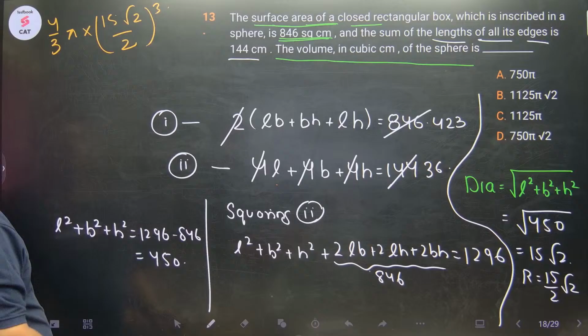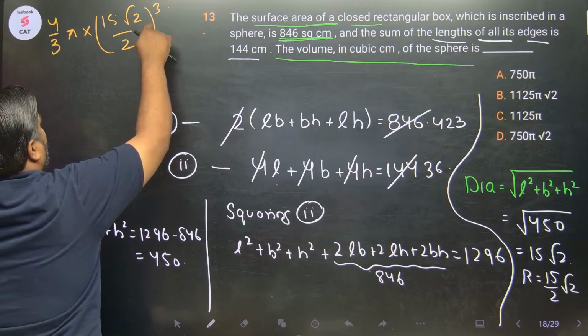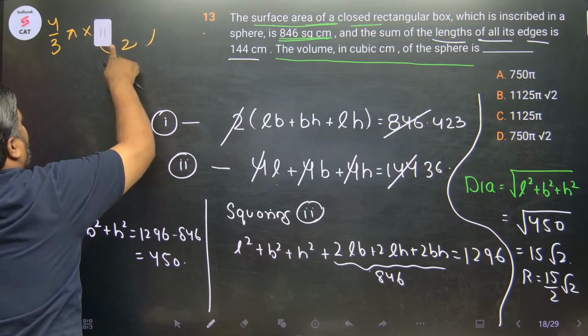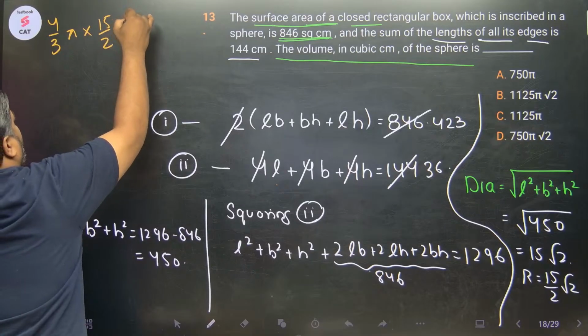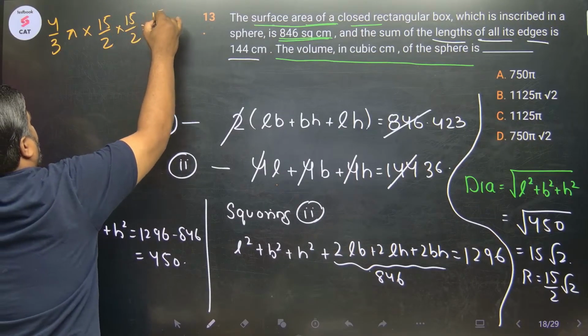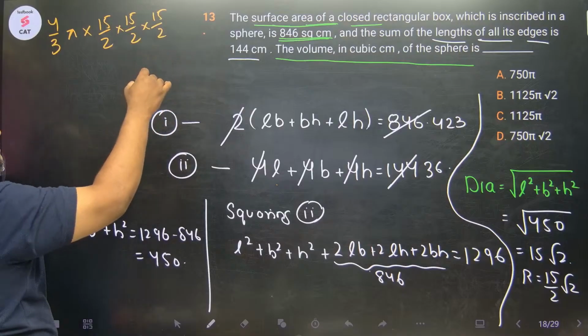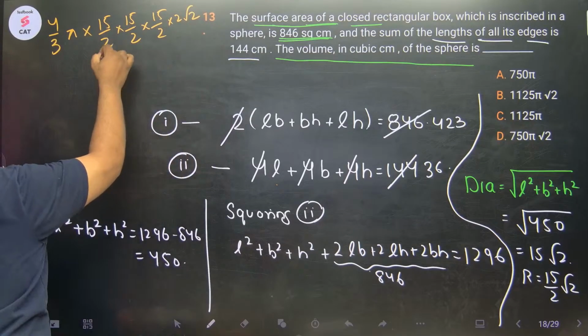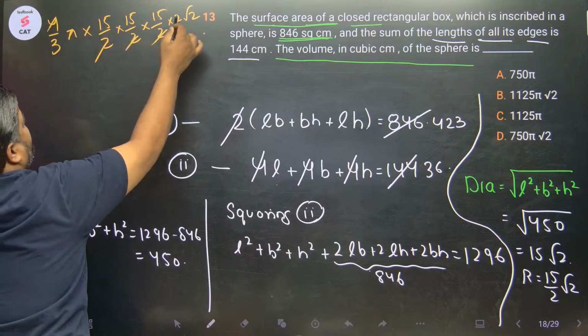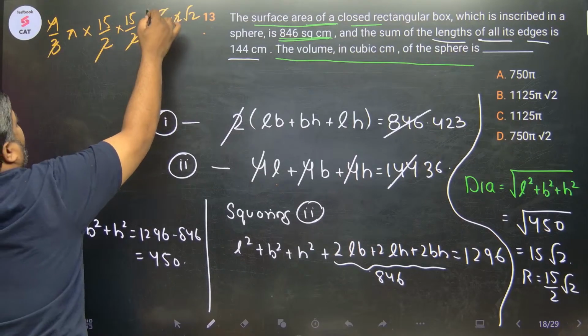Sorted. चलो इसको एक्सपैंड करते हैं. So this is 15 by 2 into 15 by 2 into 15 by 2 and 2 root 2. So 2 2s are 4, 2 से ये 2 गया, 3 से ये गया 5 times में.